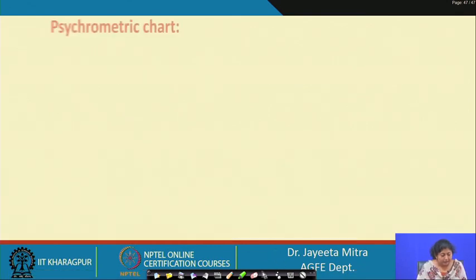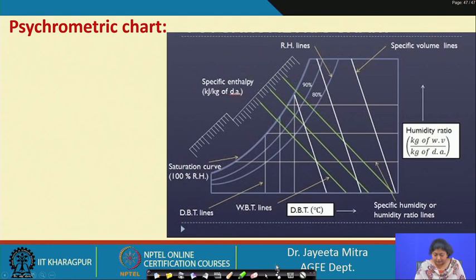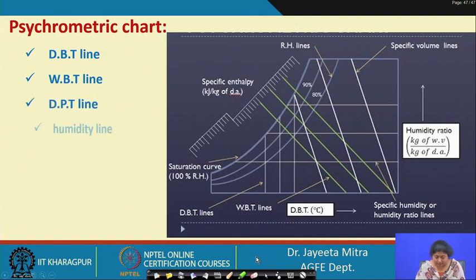Okay. So, next, what are the parameters that we can read from the psychrometric chart? Psychrometric charts are available for different pressure and temperature conditions, but the one mostly used for drying air analysis ranges from 0 to 50 degree Celsius at atmospheric pressure.